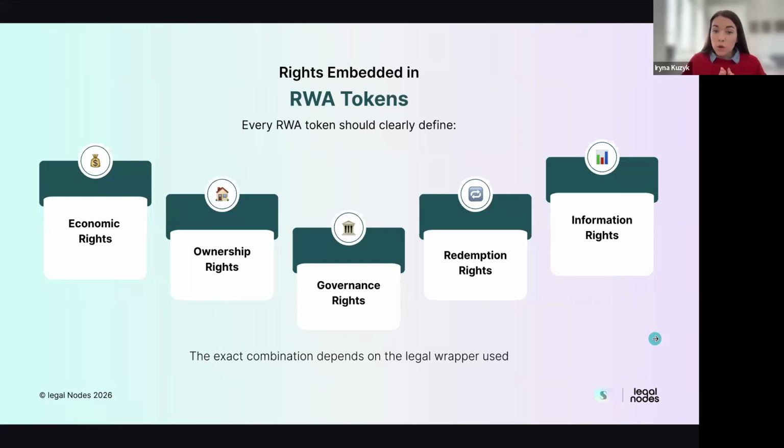In some structures, the token may represent direct ownership of a physical asset, such as real estate in some cases, or commodities. Ownership rights determine what happens in situations such as liquidation of the entity, asset sale, or restructuring.